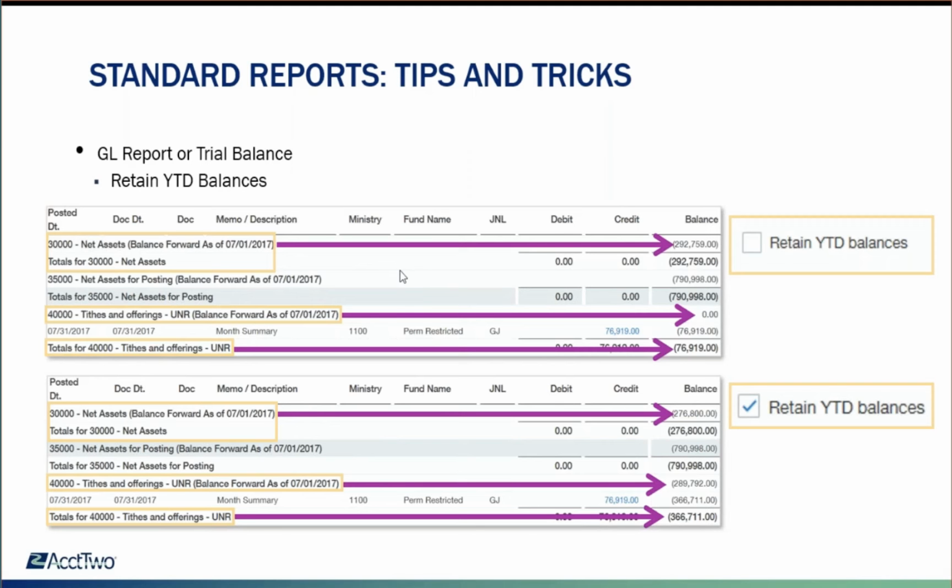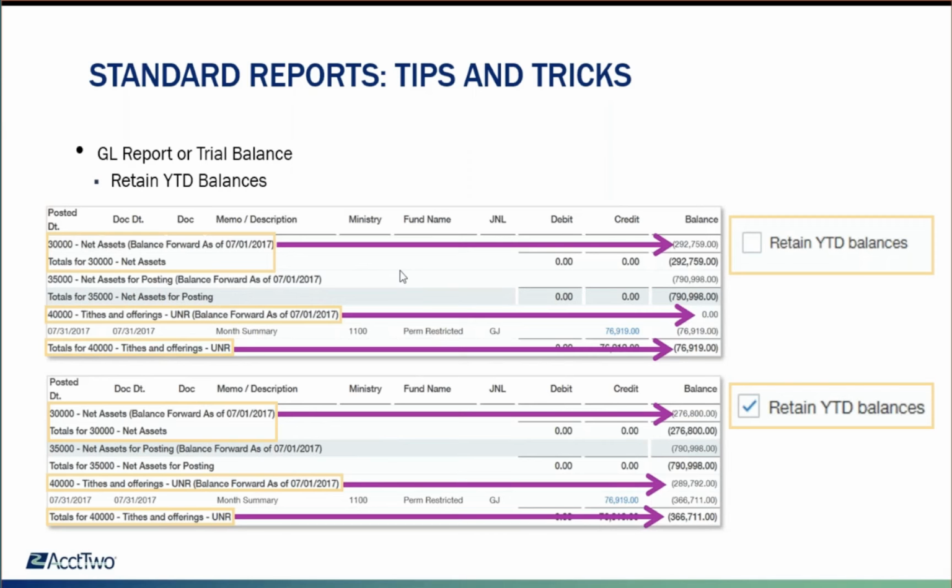Now, sometimes, maybe you're used to seeing it this way, if you're running a report, let's say for July through December, you may want to see your January through June beginning balances in your trial balance, and have all prior year balances rolled into retained earnings or net assets.